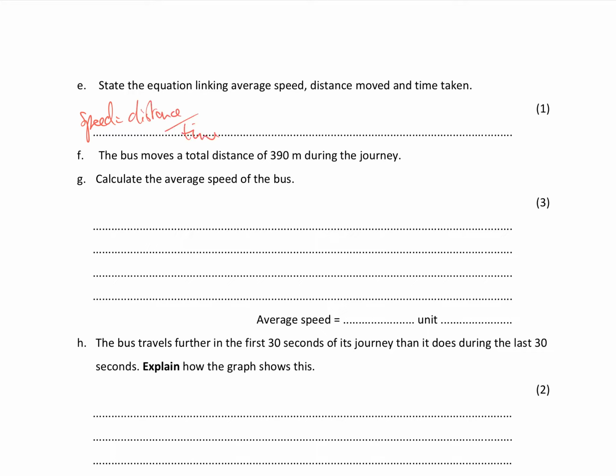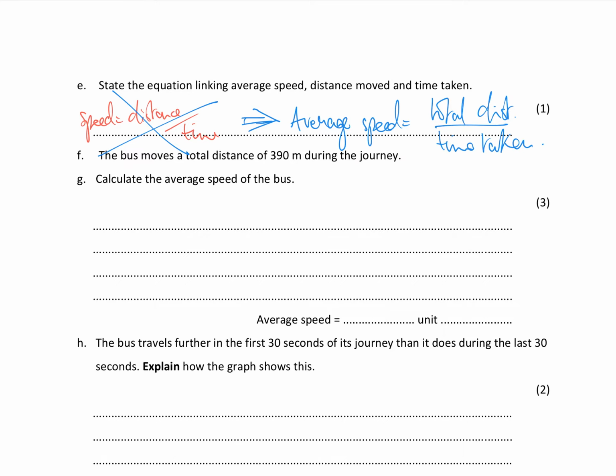However, what we're really looking for, so strike that one out, is average speed is total distance divided by the time taken. Good. So therefore let's look at the numbers. The bus moves a total distance of, so we have a distance, calculate the speed.